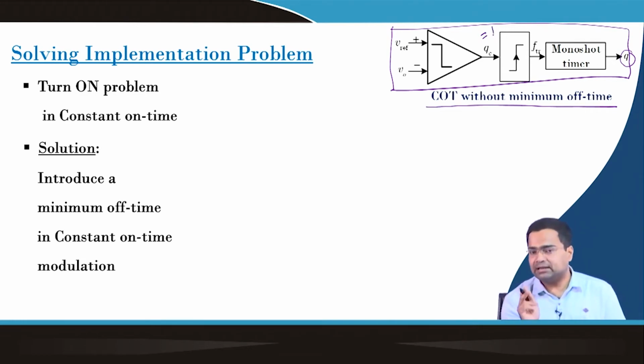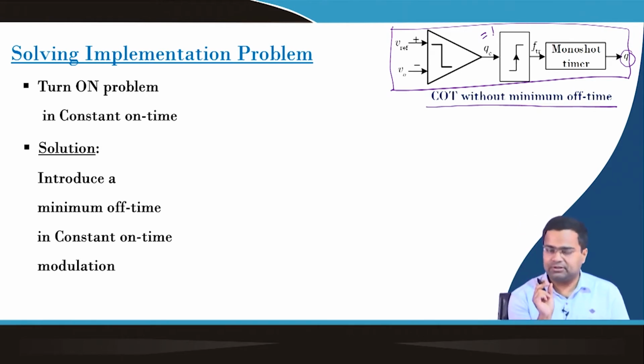If it is still high, then we will wait for some time while the switch is off, which is called minimum off time, and then we again create an edge trigger signal to activate the monoshot timer. So, by that way we need to introduce it.